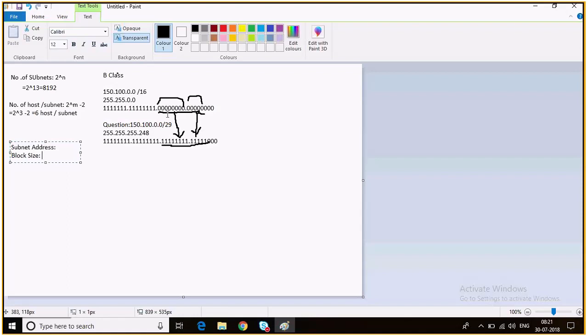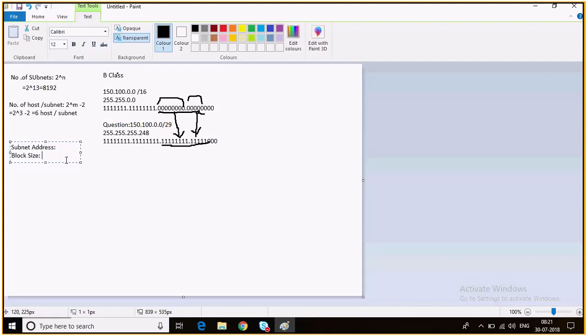Now here I have two interesting octets because there are two octets which are changing. There is one octet, octet 3, which is changing from 0 to 255. There is another octet which is changing from 0 to 248. I have marked both with arrows. This octet has changed from all zeros to all ones. This octet has changed from all zeros to 5 ones and 3 zeros. So I'll have two block sizes here.